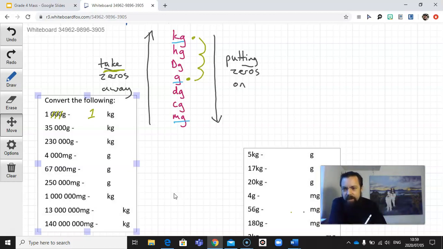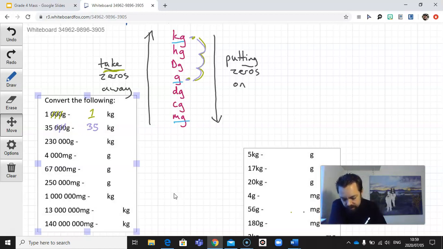Right, so for the next one, we're going from grams to kilograms. It's the same, so it's also 3 jumps. We're going to take away 3 zeros, and we are left with 35. So the answer is 35 kilograms. These ones like this one over here, that's the sort of one where people make a mistake, and you might think that your teacher is going to make you take away all the zeros every single time.